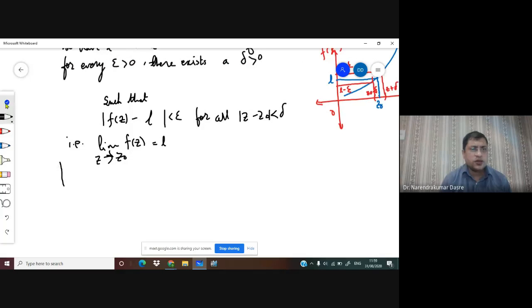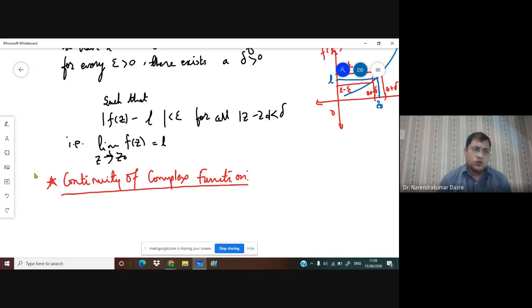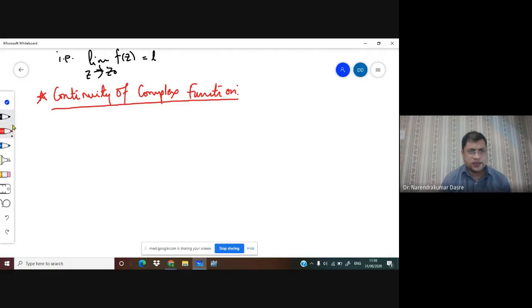Now, what do we know about the continuity of a complex function? As in the real case, we say the function f of x is continuous, limit x tends to a, f of x, if its limiting value is the same as the function value.